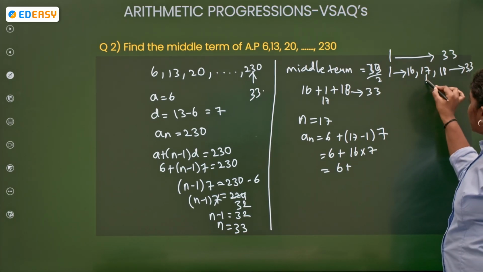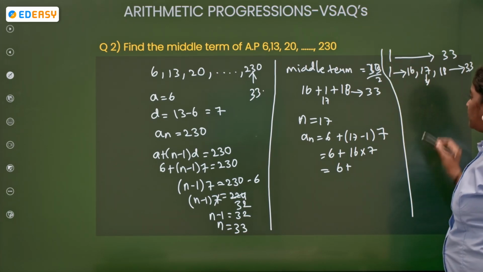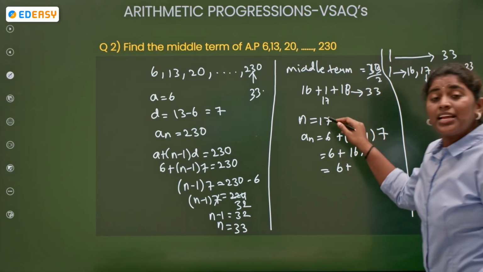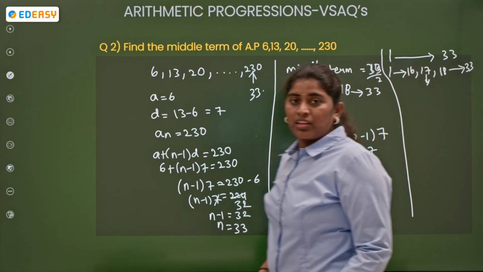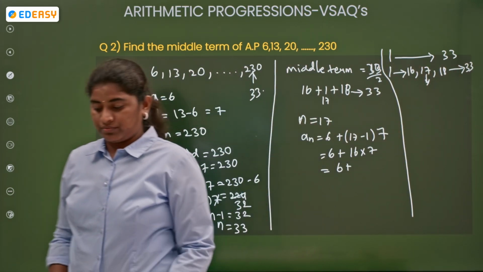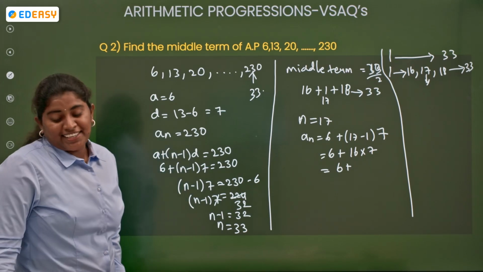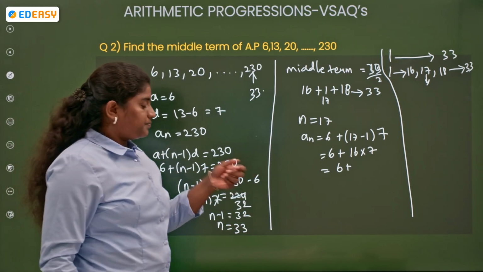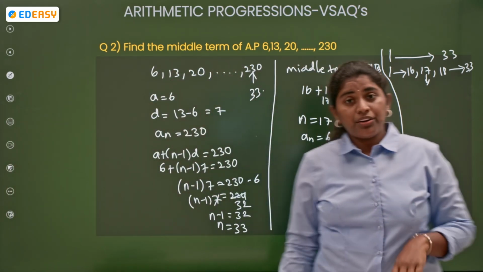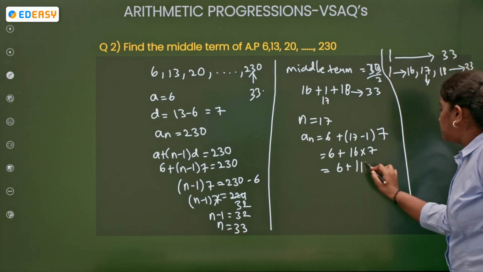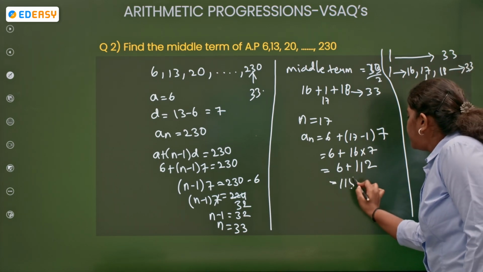So what will be the middle value? The middle value will be 17. For that reason we take n equals 17. Okay, understood now? Yes, clear, fine. Now, here we get 112, so we will get 118.